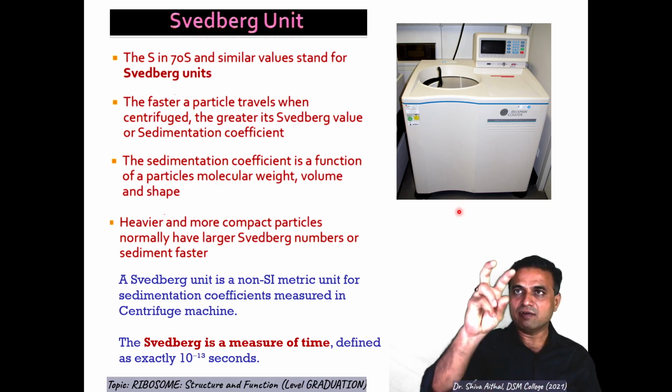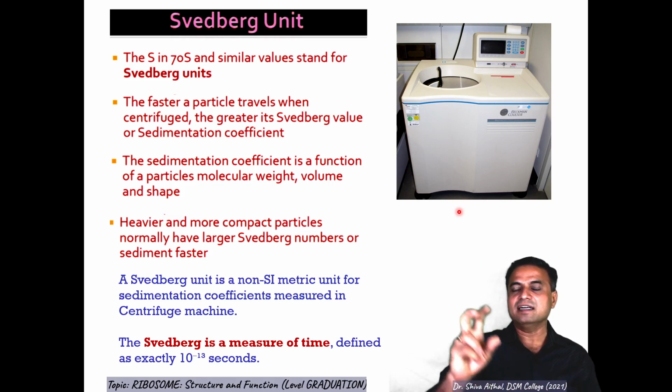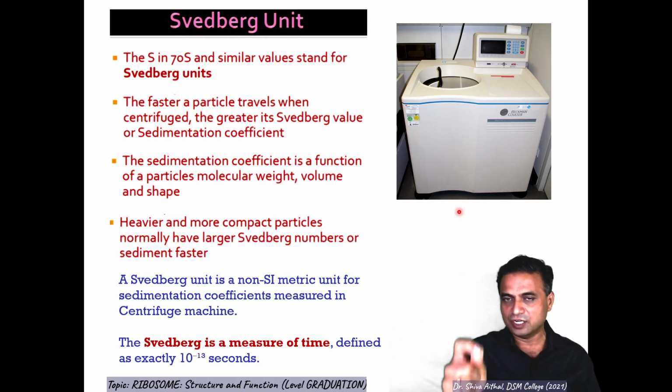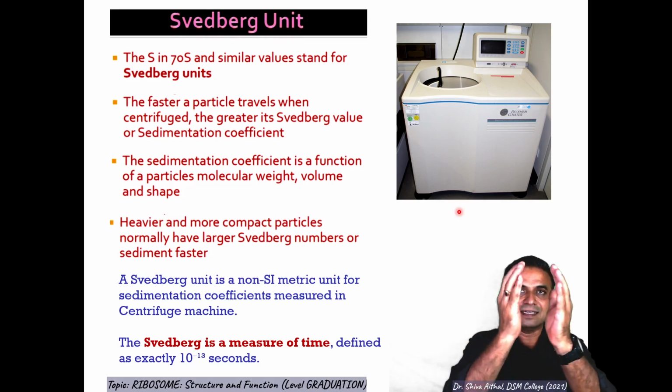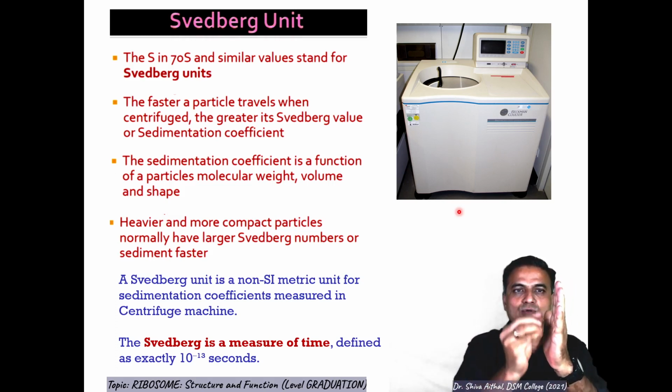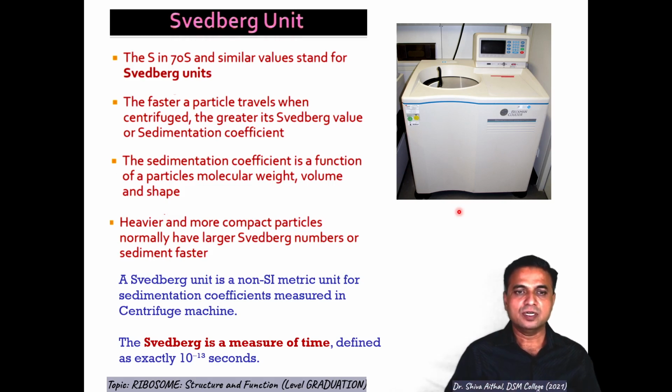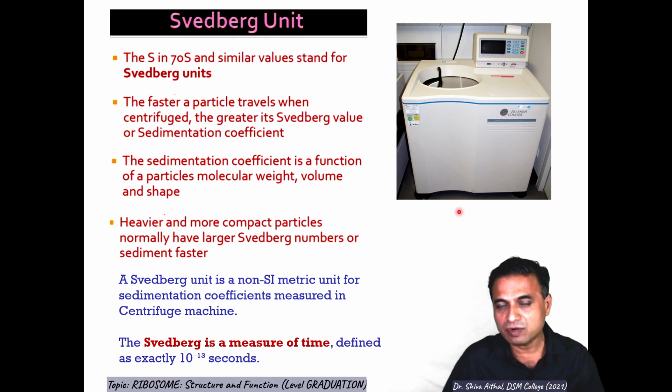the greater its Svedberg value. The Svedberg value is nothing but the sedimentation coefficient, the rate at which the ribosomes sediment inside a centrifuge tube. If a particle is heavy and more compact, it will have larger Svedberg numbers.